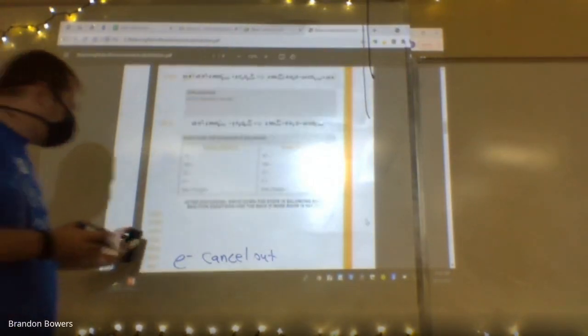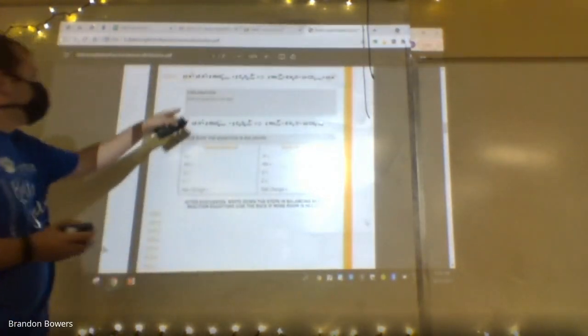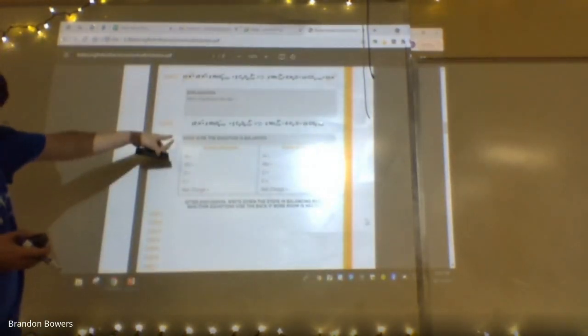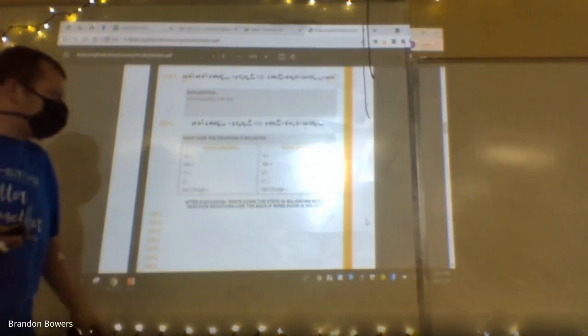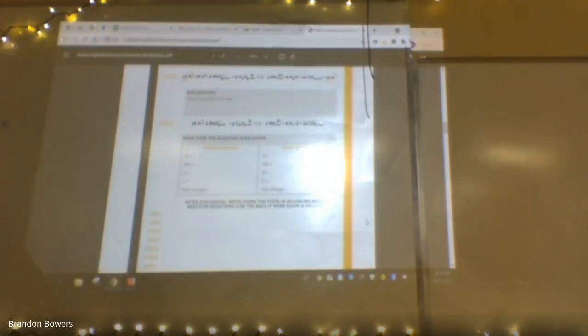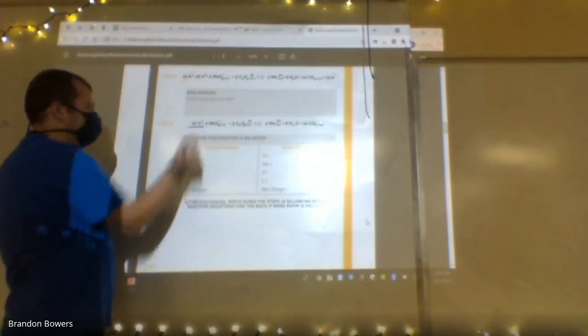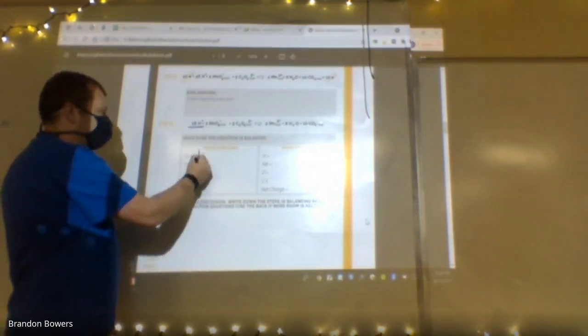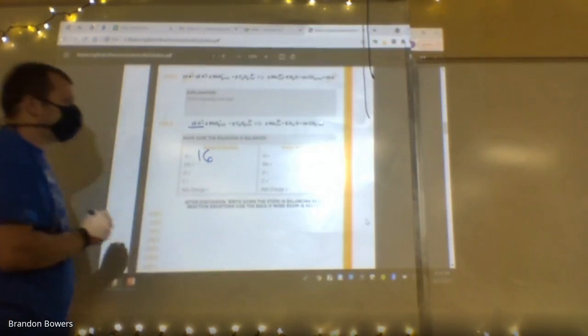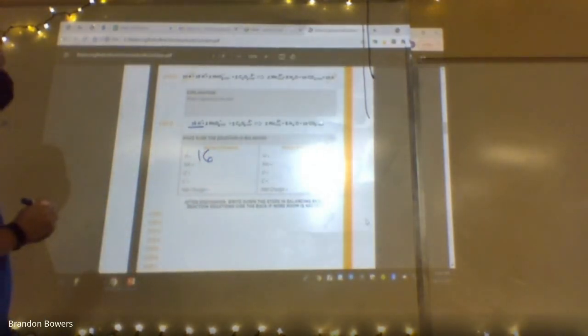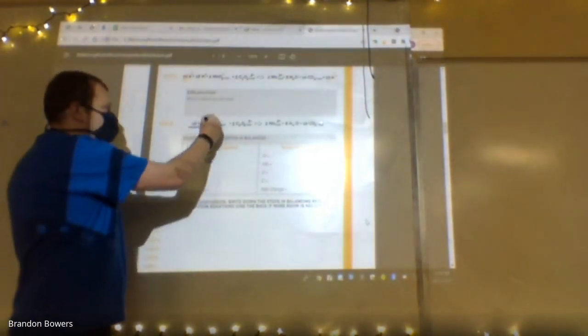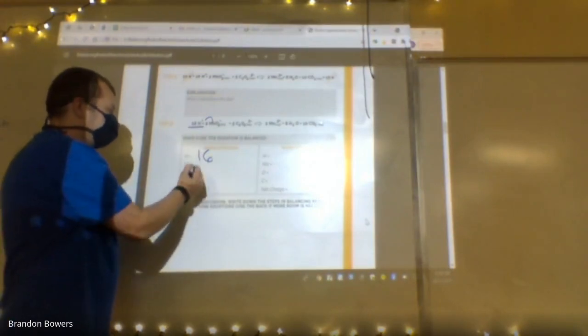Okay, very last one. We did that one. Make sure the equation is balanced. Let's see. How many H's do we have on the left side? 16. How many Mn's do I have? 2 times 1 is 2.